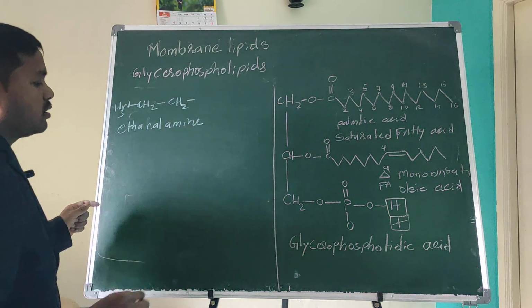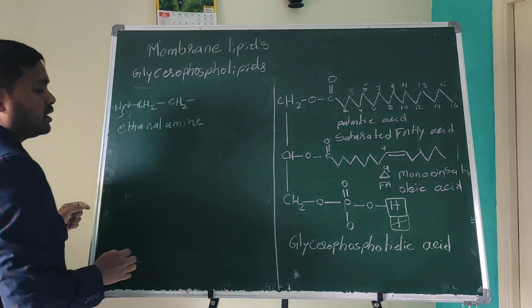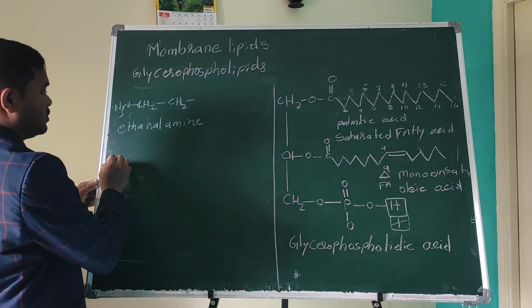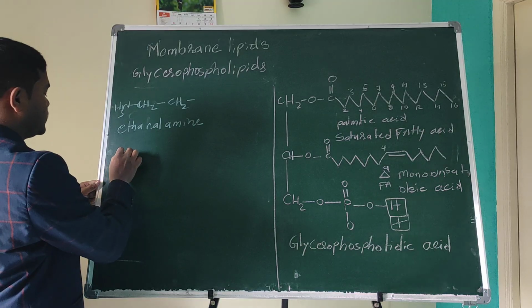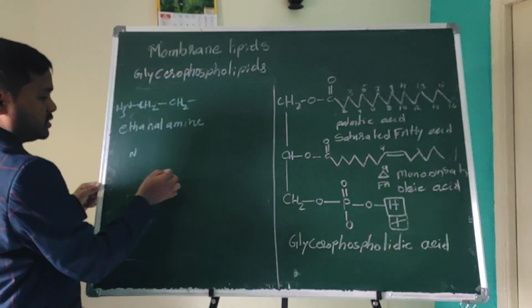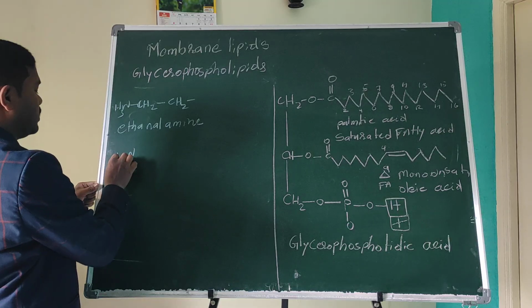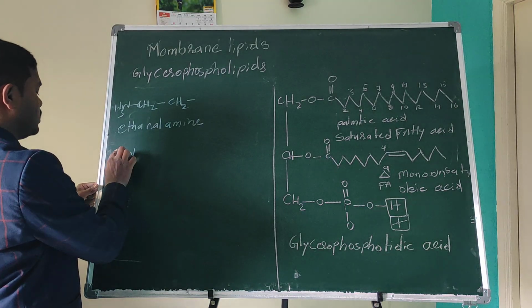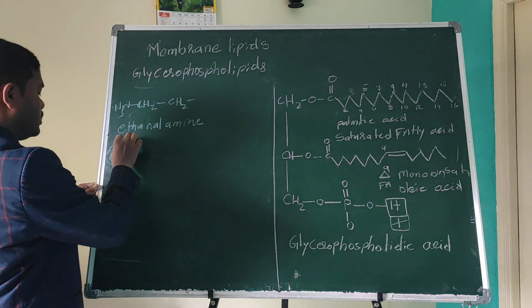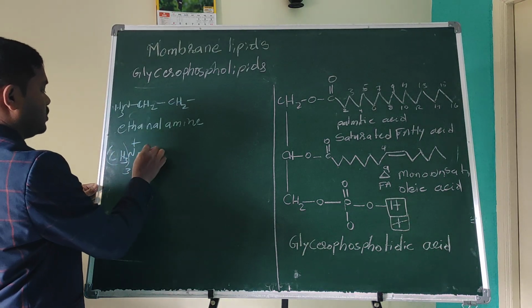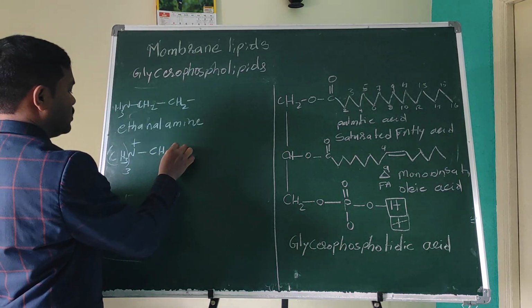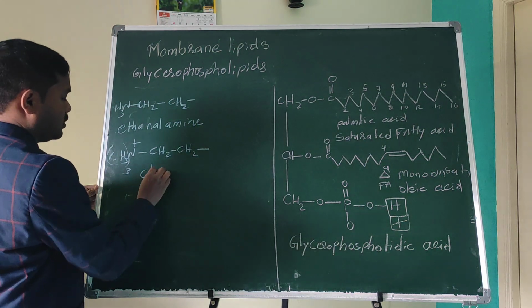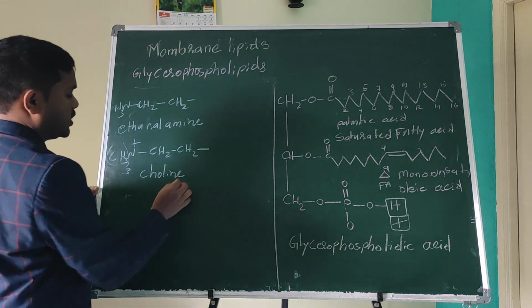it is called phosphatidyl ethanolamine. If we replace X with choline, it is phosphatidyl choline.